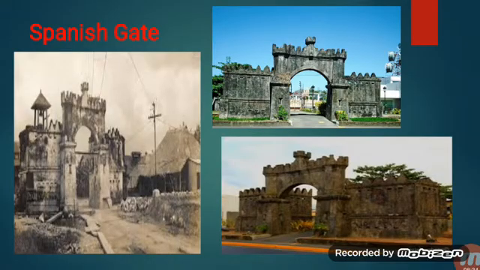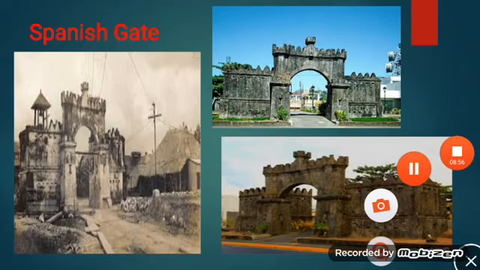It has high walls made from locally quarried stone connected to the south gate that faced the waterfront. It was used as a jail during Spanish and American occupation.